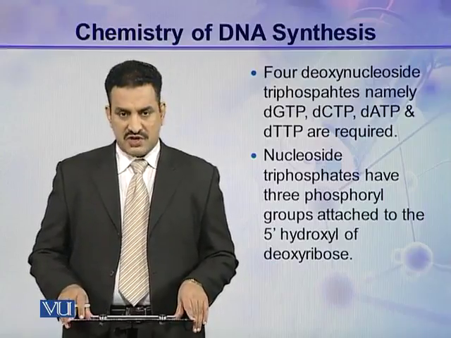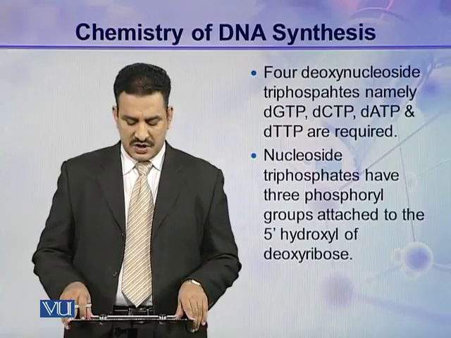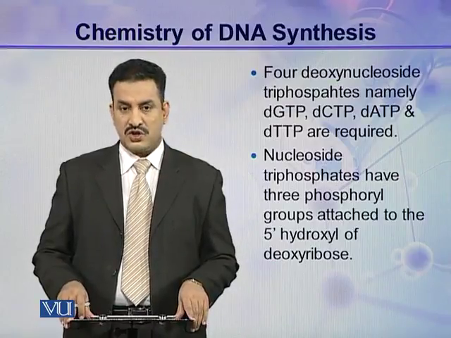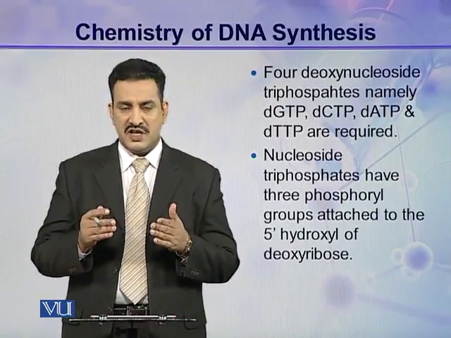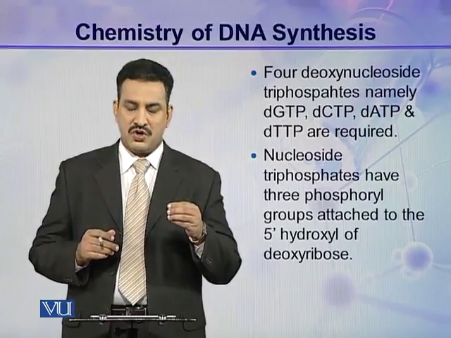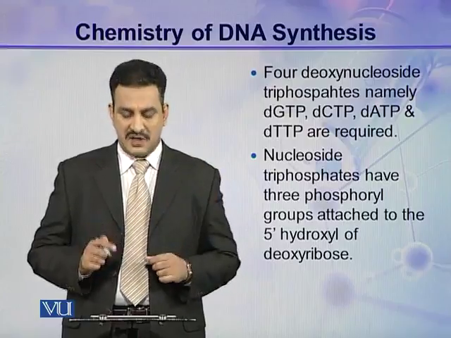So the nucleoside triphosphates have three phosphoryl groups attached to the 5' hydroxyl of the deoxyribose. Deoxyribose sugar is present, as you know, in DNA, and to the 5' carbon of this deoxyribose, three phosphate groups are attached.